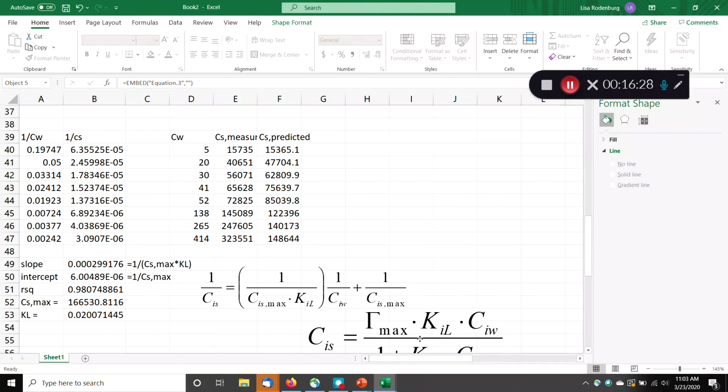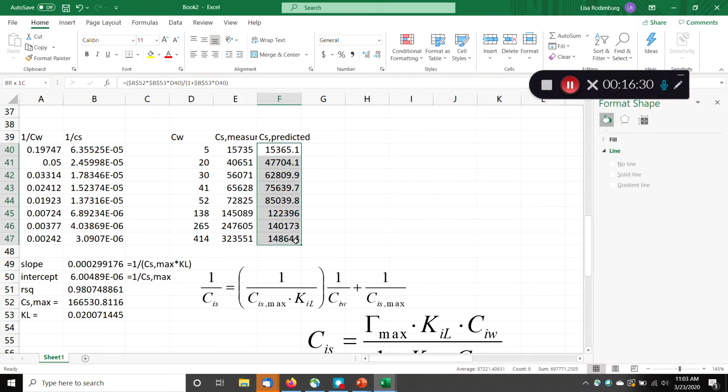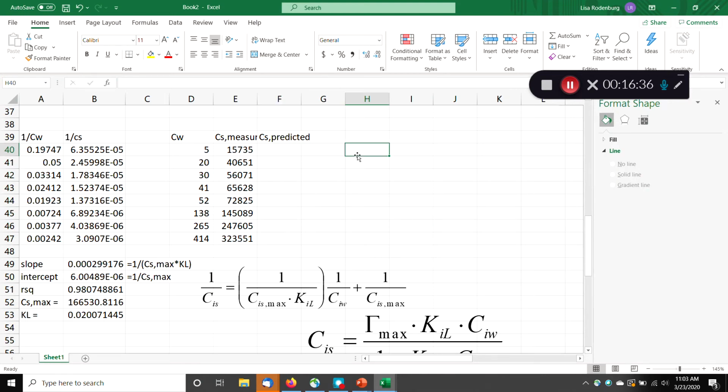Well, what I could do, let's get rid of this predicted value. And let's say that I predict this value based on some knowledge of CS max and KL. And I let these be my variables that float. And I will give them what I think is reasonable values.